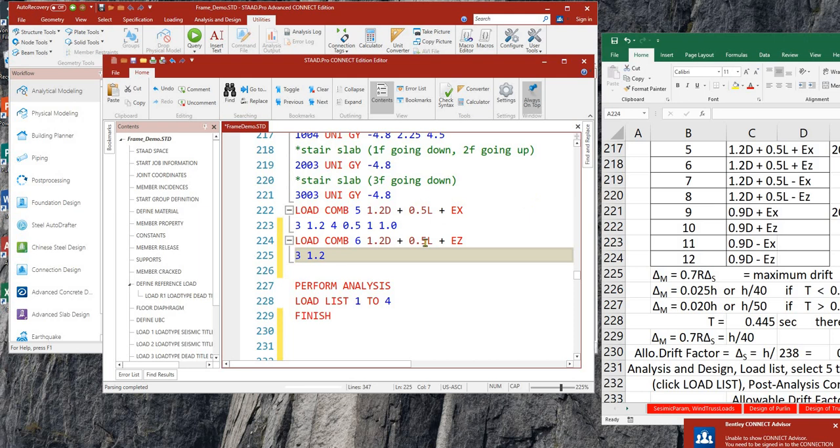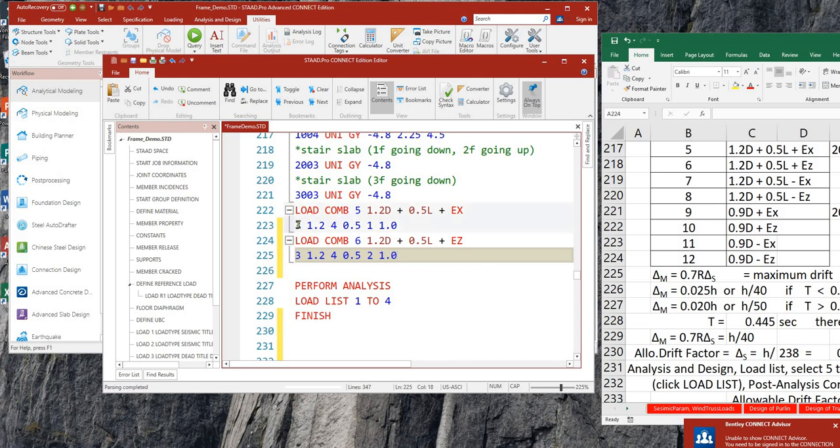Then live is 4. The factor is 0.5. My technique here: when it is a single number, that is the load case. When it has a decimal place, that is the factor. The load case, the whole number, always comes first. Finally, your EZ, that is load case number 2, which is equal to 1.0.